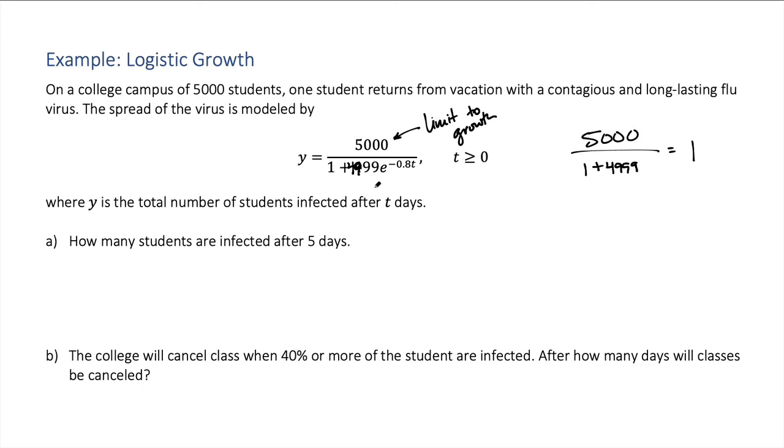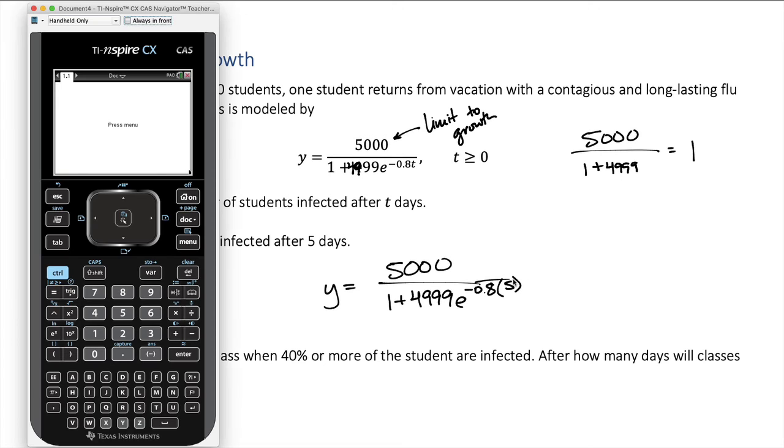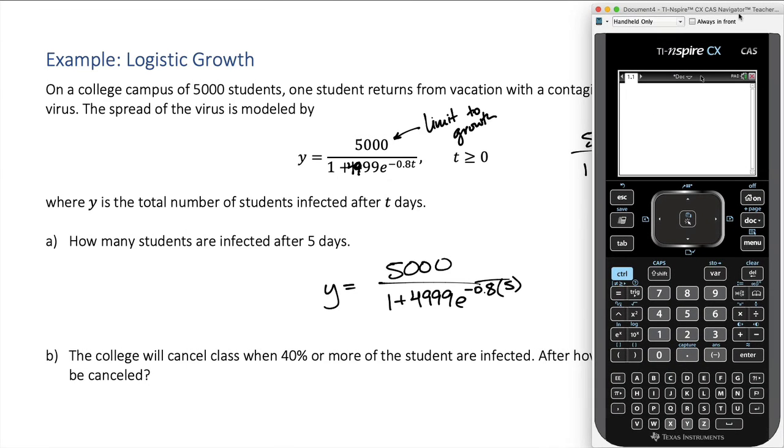And we'd like to know how many students are infected after 5 days. This isn't difficult. This is just plugging 5 in for T. So we've got 5,000 over 1 plus 4,999 e to the negative 0.8 times 5. We can go ahead and plug this into a calculator.